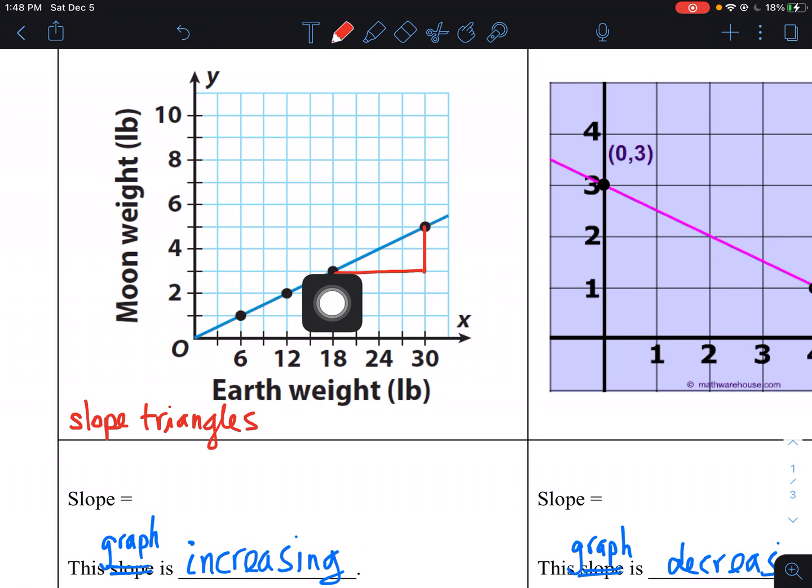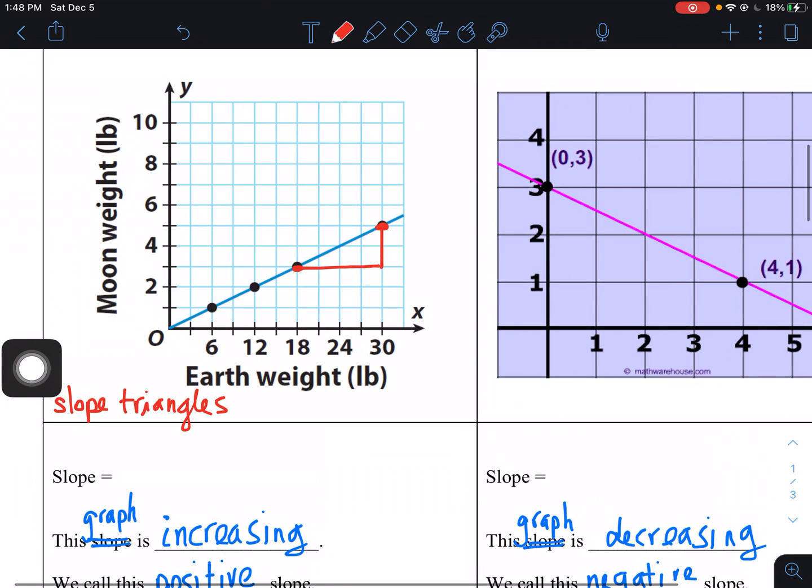We're always going to draw our slope triangle from one point on your line to another nice point on your line, and it's always going to go underneath the line. So I could draw a different one over here if I wanted to, from two points.